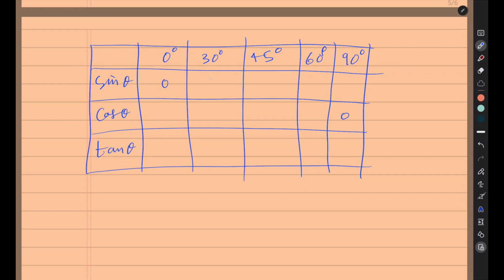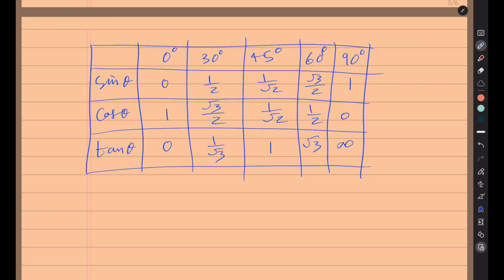Sine is 0, 1 by 2, 1 by root 2, root 3 by 2, 1; cos is the same values in reverse. Then tan 0 degree is 0, tan 30 degree is 1 divided by root 3, tan 45 degree is 1, tan 60 degree is root 3, and tan 90 degree is infinity. This is a very interesting pattern which it follows for these important angles.